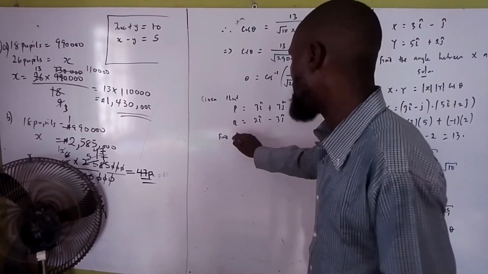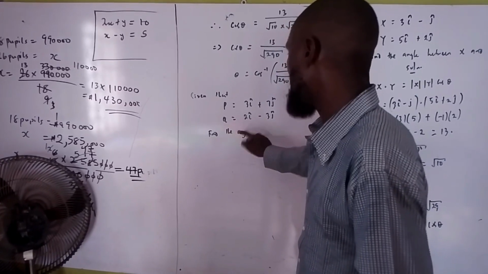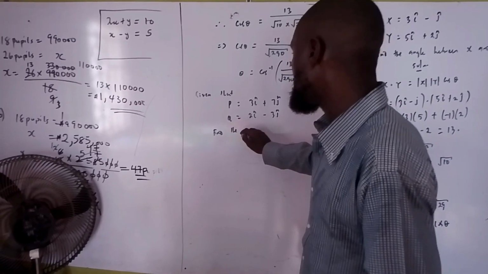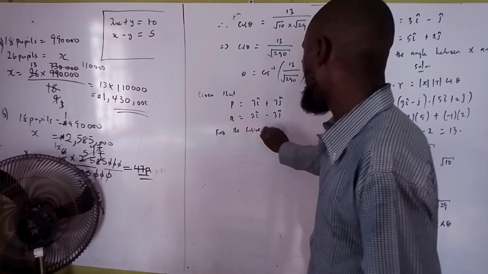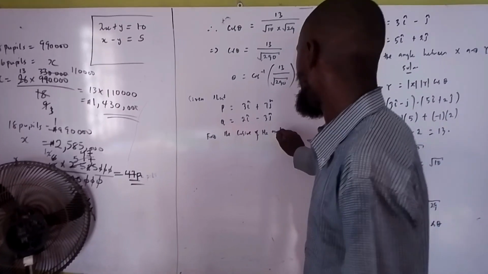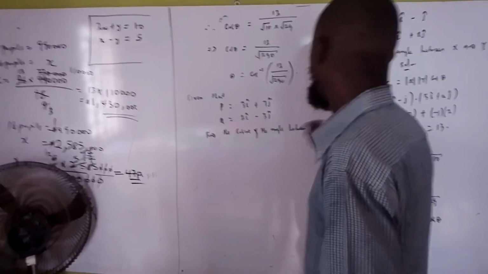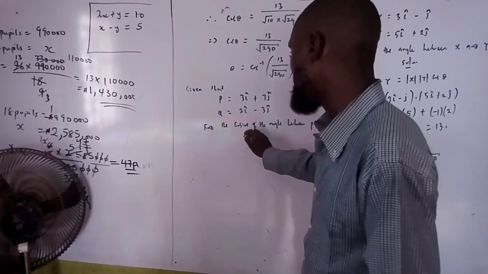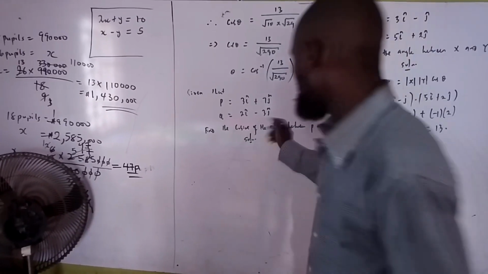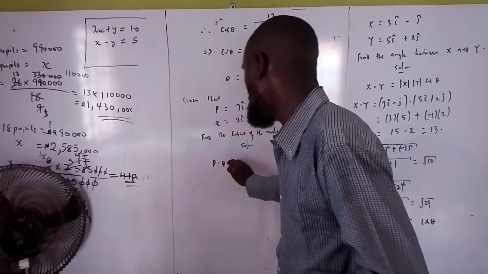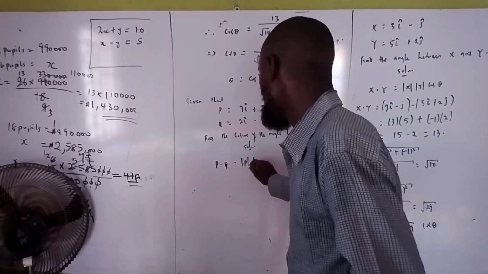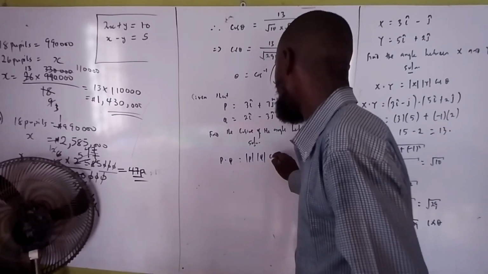Find the angle, or let us say find the cosine of the angle between P and Q. In this case, you want to find the cosine of the angle. Don't need to waste your time. We know that P dot Q is equal to the magnitude of P times the magnitude of Q times cos theta.